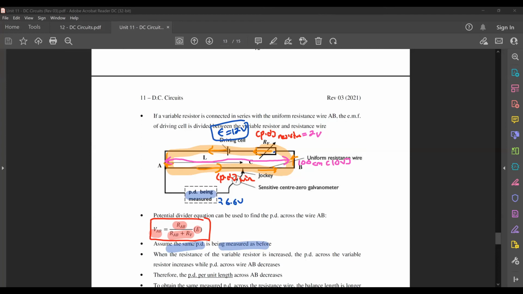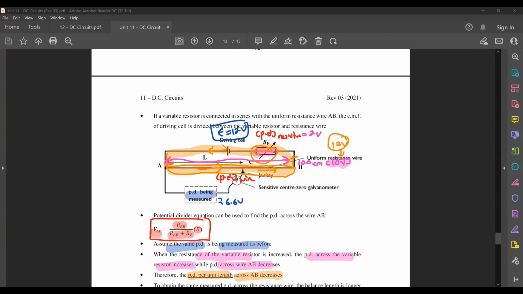Okay, so now when I increase the resistance of my variable resistor, I know the PD across variable resistor will increase while PD across the wire will decrease, like what you see here right now. Now, when I have the variable resistor inside, notice that before this, without the variable resistor, it was 12 volts. But now with the variable resistor inside, the PD across my wire has now dropped to 10 volts. Okay, so I can say that the PD per unit length across AB has decreased.